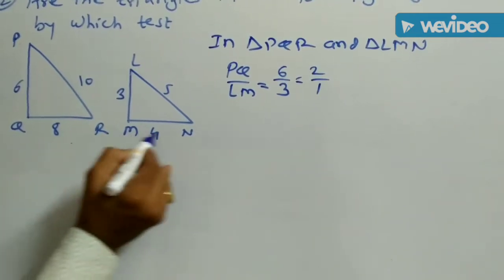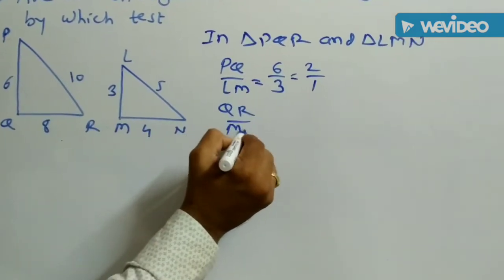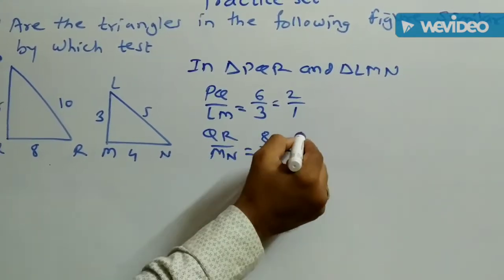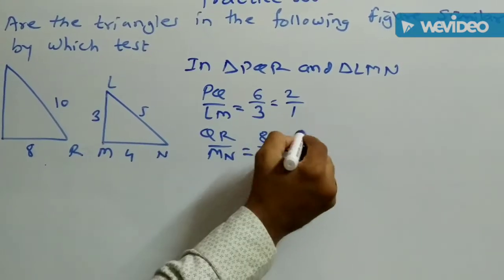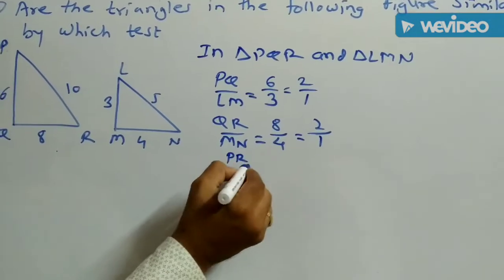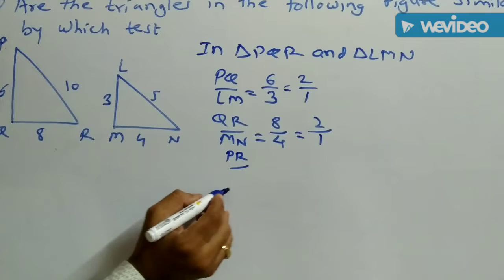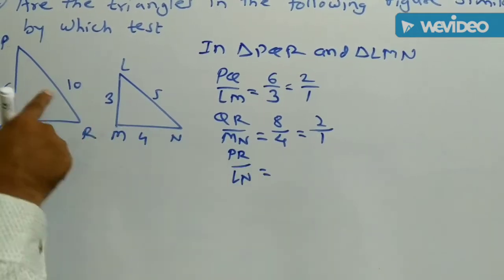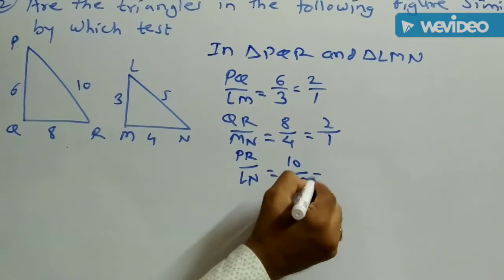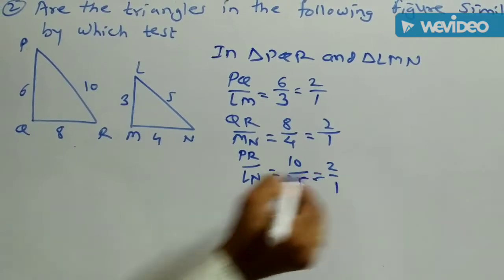Second, we take QR upon MN, 8 upon 4, which means 2 upon 1. And third is PR upon LN. PR is given 10, LN is given 5, and 5 ones are 5, 5 twos are 10.